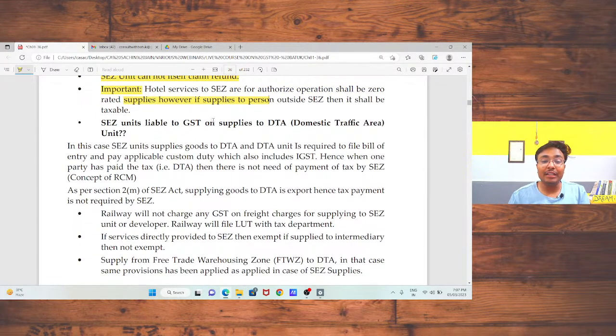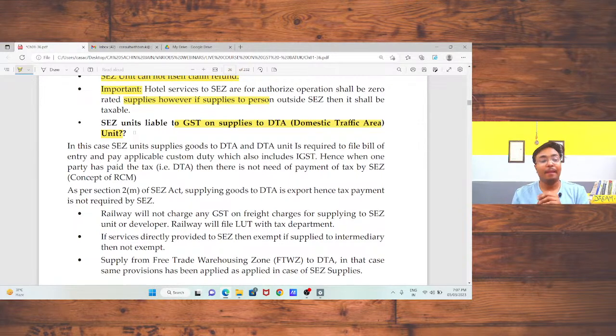Now, is an SEZ unit liable to GST on supplies to a domestic tariff area unit? All those units which are established under the DTA, that is the domestic tariff area. Whether the SEZ unit is liable to pay the GST?